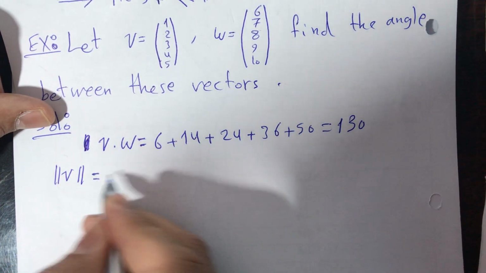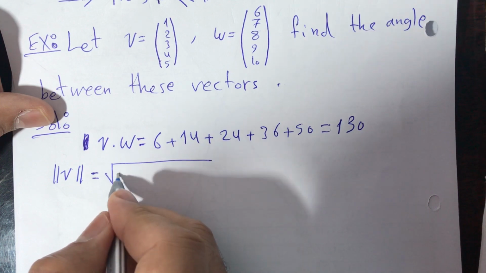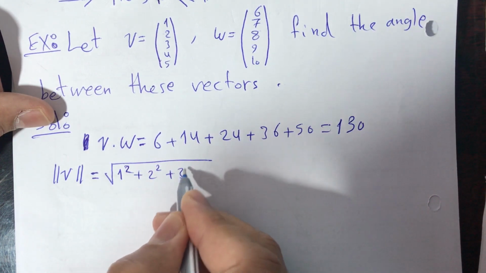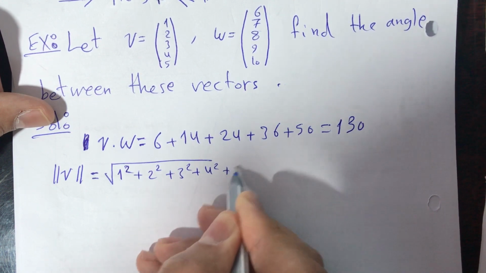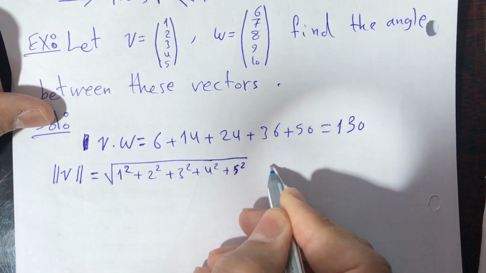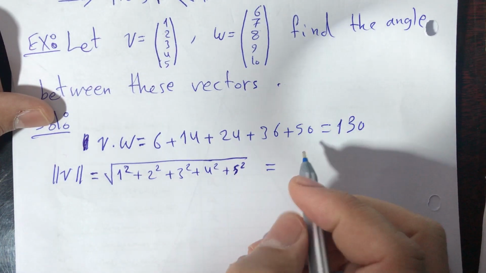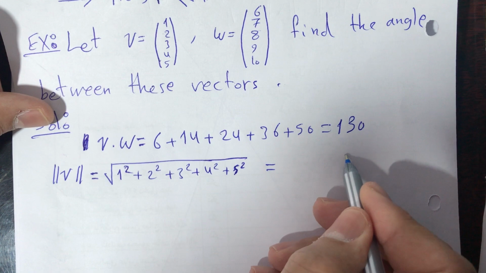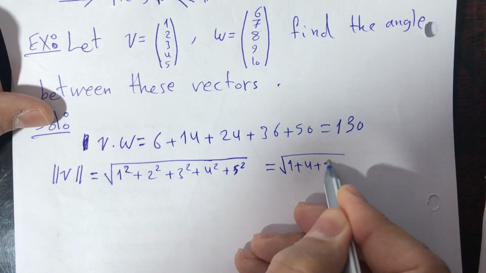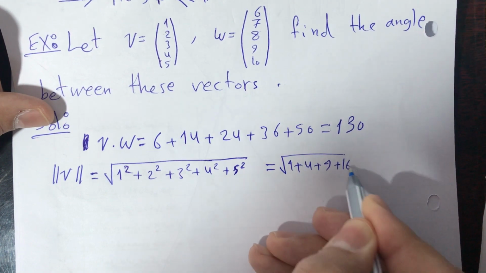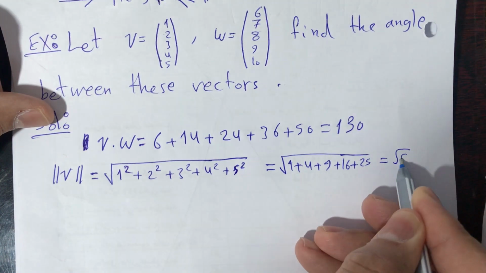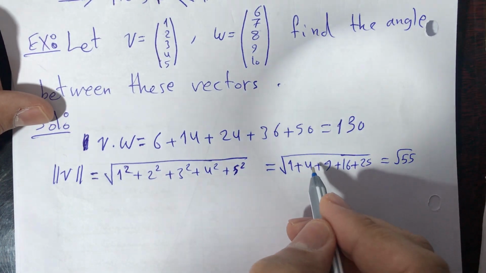This is equal to the square root of 1 squared plus 2 squared plus 3 squared plus 4 squared plus 5 squared. This will be equal to the root of 1 plus 4 plus 9 plus 16 plus 25, and this is equal to root of 55.